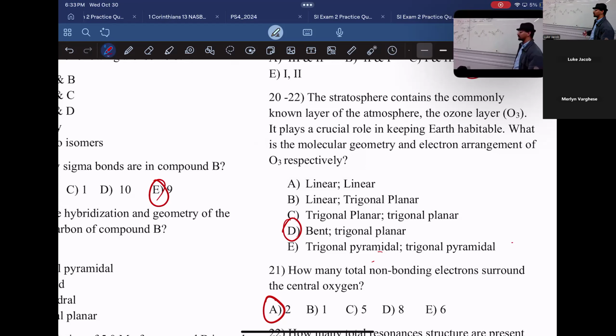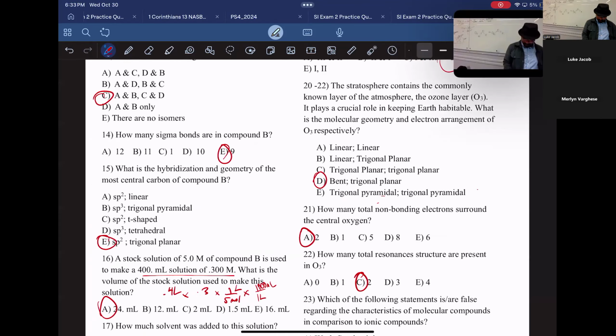Typically it would want to have two bonds, but the ozone layer has O3, and they figured this out experimentally. So this is the structure that we would probably use. Yes, there are two resonance forms, and D is the right answer.